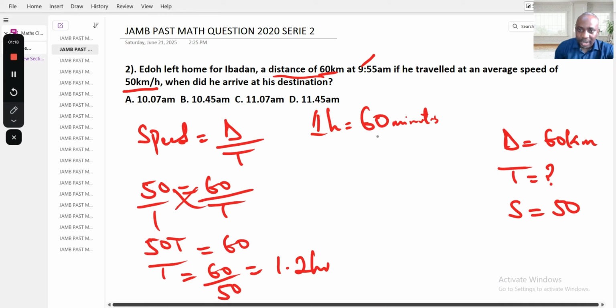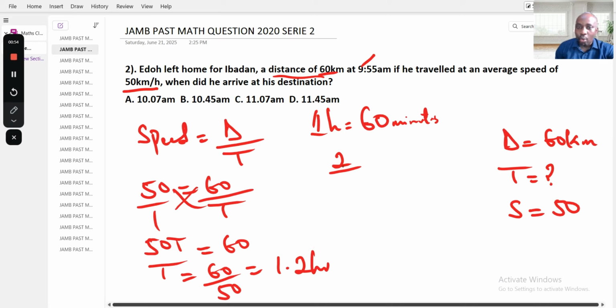Now I want to convert this 0.2 to know the exact minutes that we have here. 0.2 means 2 divided by 10, or 20 divided by 100, because it's like 20 kobo, and we have 100 kobo in 1 naira.